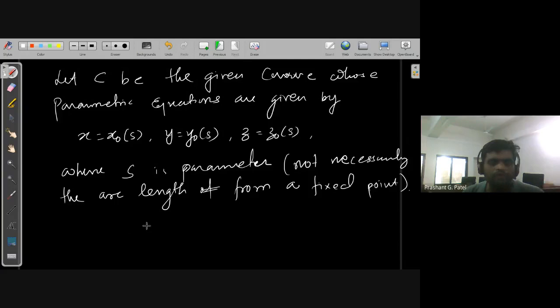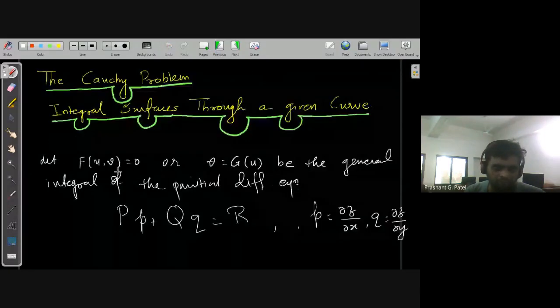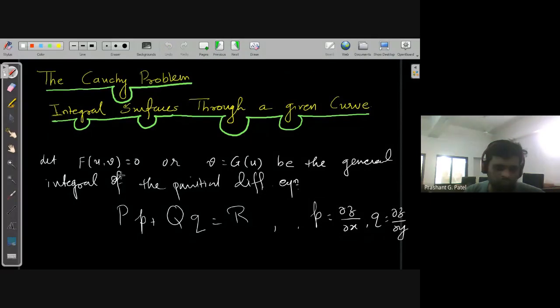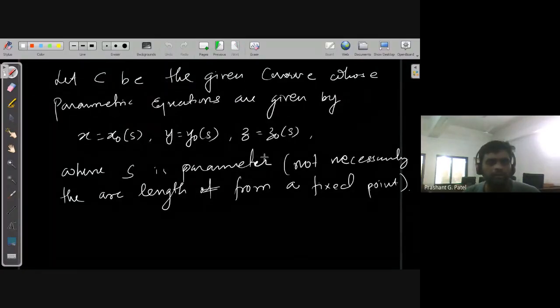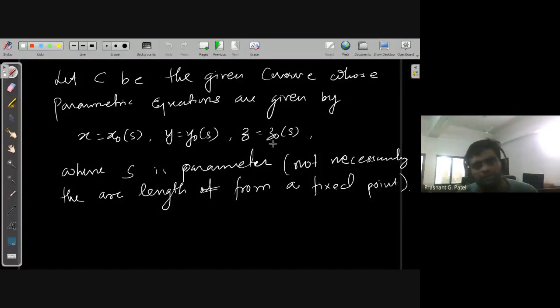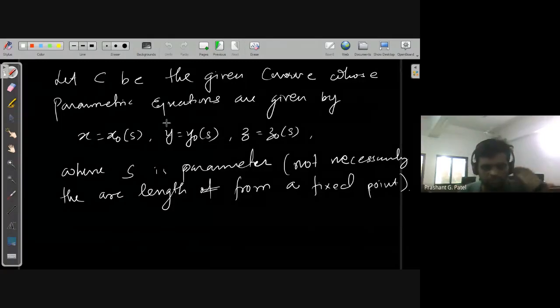Now we want to find a particular function f, that is, this function f we need to find. That means the surface we need to find contains this given curve. So the curve is given before the problem starts, and we need to find the surface which passes through this curve. That is our objective.